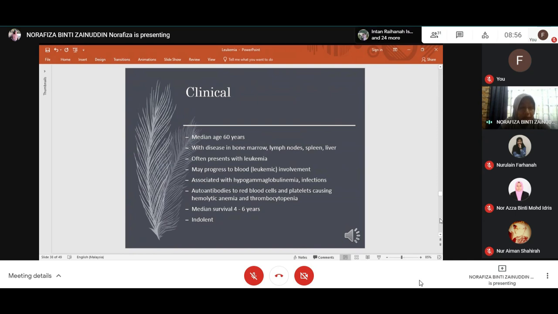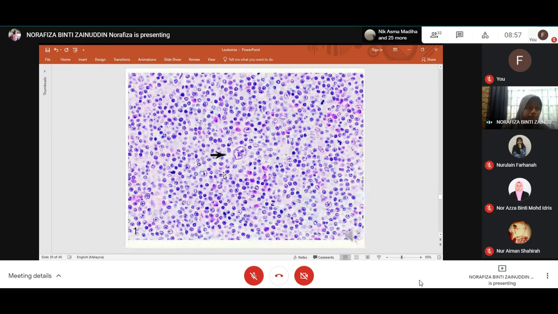Some patients are asymptomatic, and this SLL can progress to leukemic involvement, with the presence of leukocytosis. Almost all cases are B cell origin. Median survival is 4 to 6 years, and it is indolent unless it transforms to aggressive leukemia.